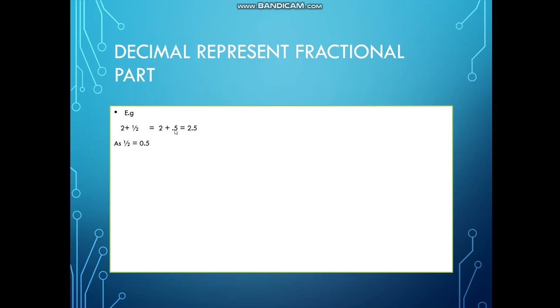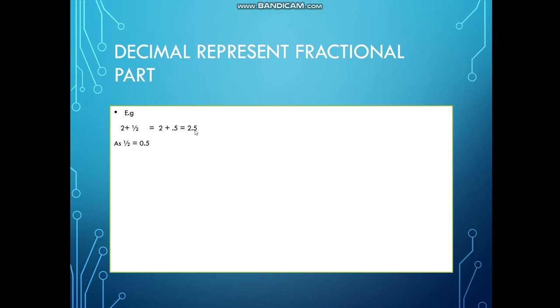What are decimals? Decimals are a way of representing a fractional part. Suppose you have a test and you got 5.5 marks out of 6.